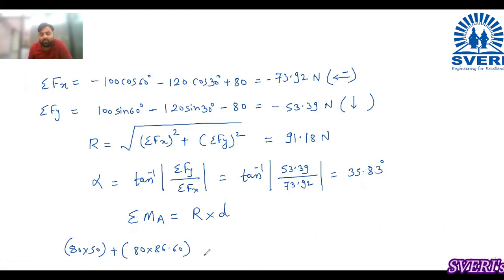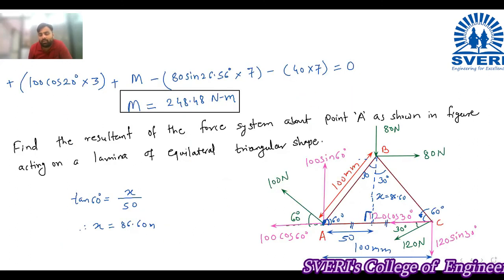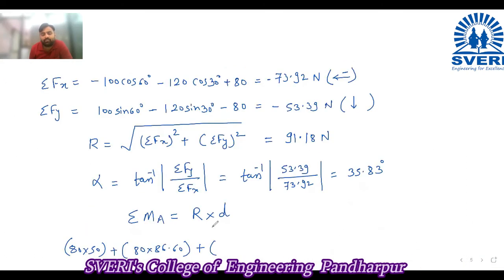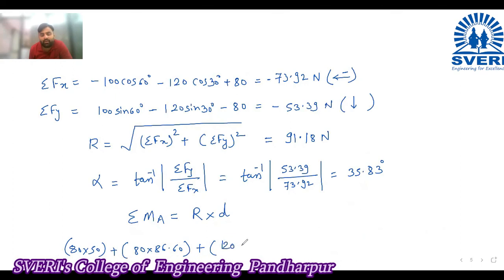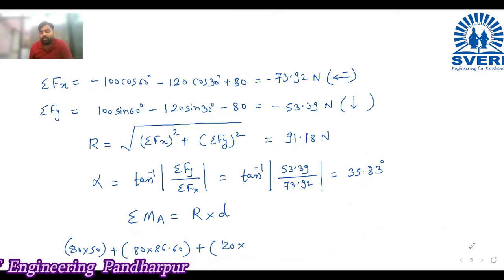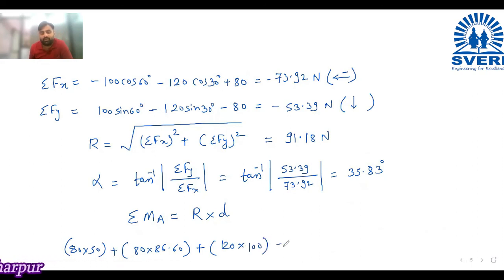And it is clockwise or anti-clockwise? It is moving in the clockwise direction. Rotate the key, so you will get the clockwise direction. So it is 120 into the distance, which is 100. Okay. Solve it now.